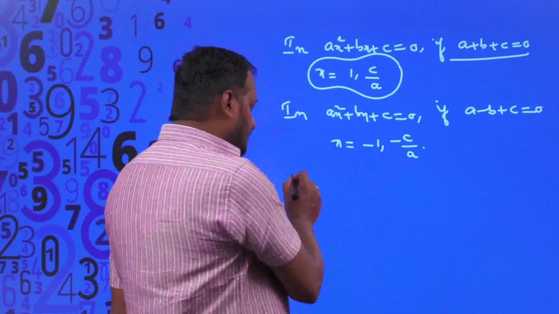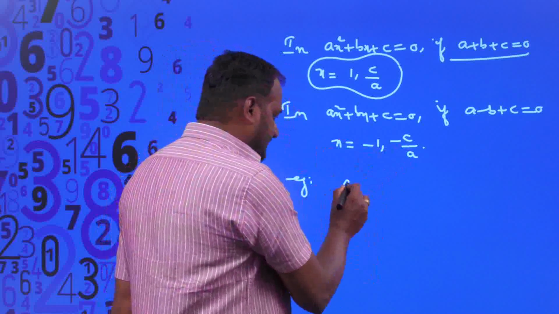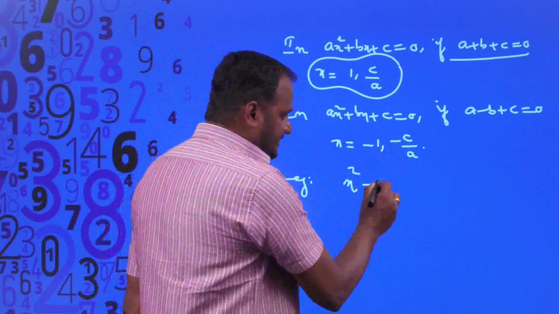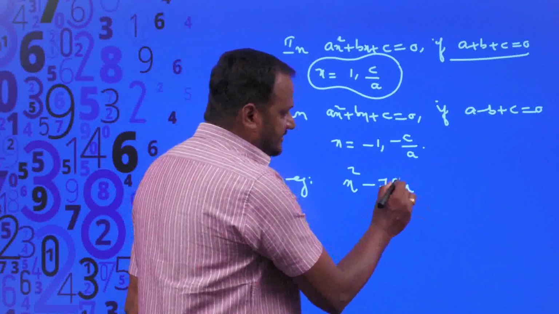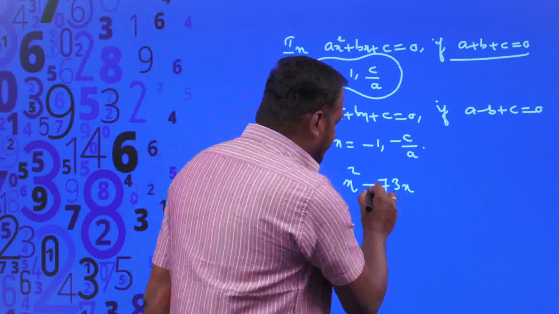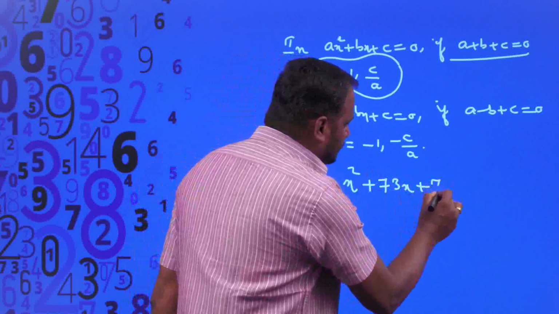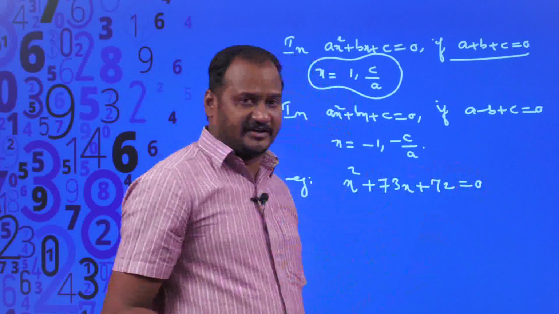For example, you are given a quadratic equation like x square plus 73x plus 72 is equal to 0. This is one of the quadratic equations.